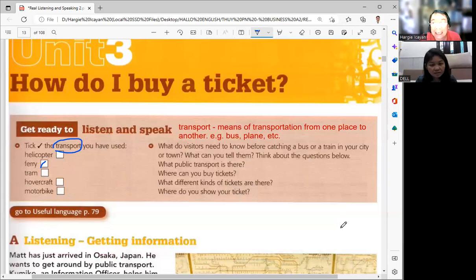Actually, when we visited Thailand, we rode a ferry boat surrounding Thailand, and it was a very good experience because we saw the beauty of Thailand. Thailand is surrounded by a big river.